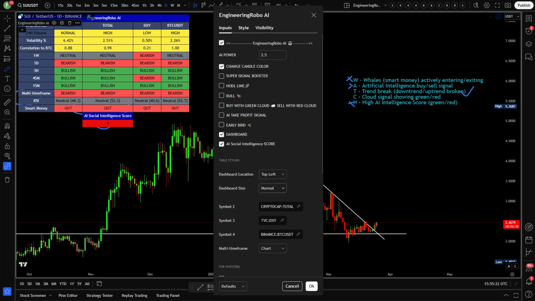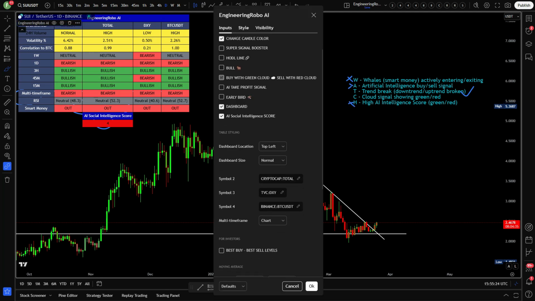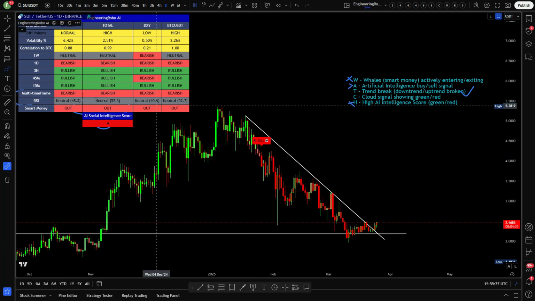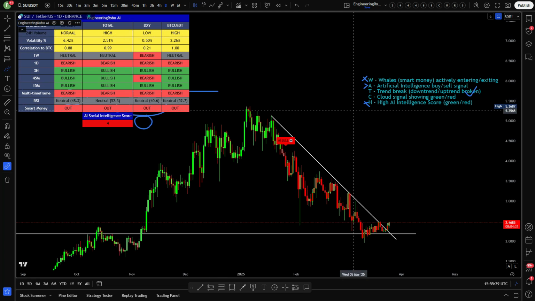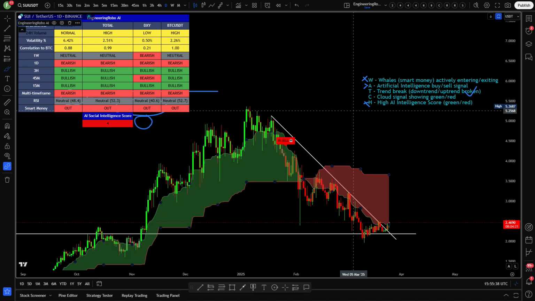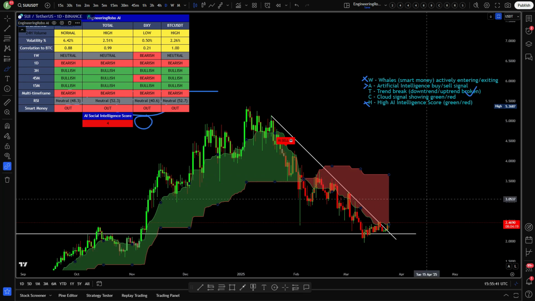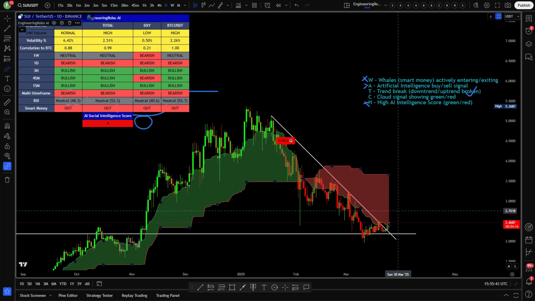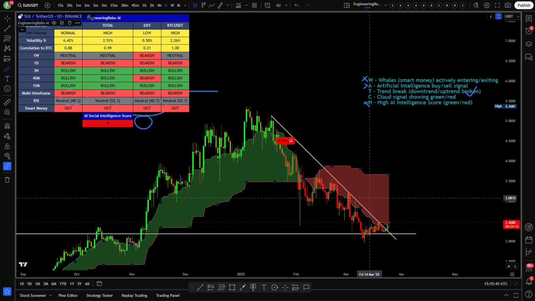If you haven't seen my videos, let's switch on the cloud signal here. This is another signal that the indicator brings in to give us a full picture to help us understand and take trades. Currently, we're in the red zone, and for us to be bullish or to consider a long, we would want the cloud to be green.